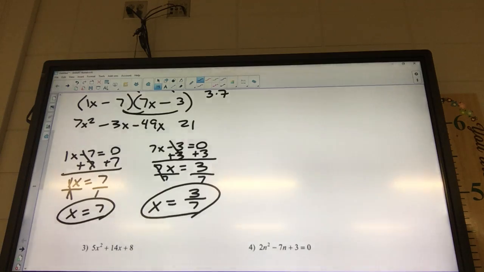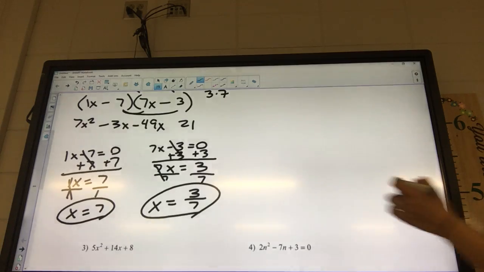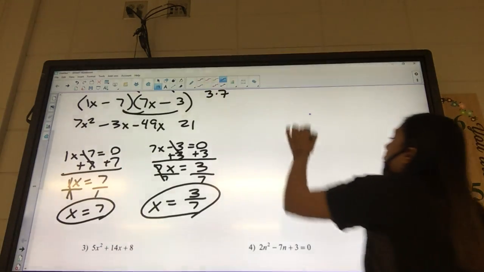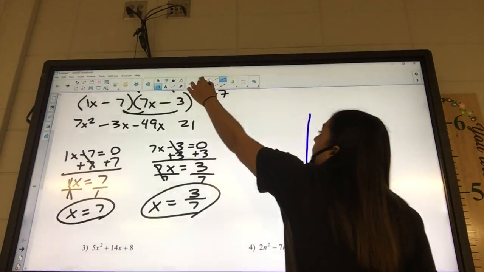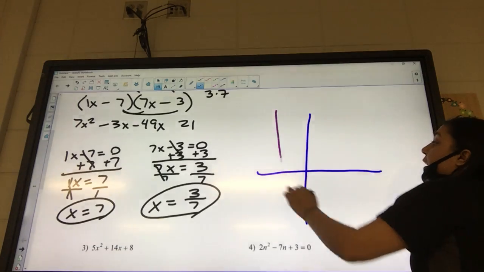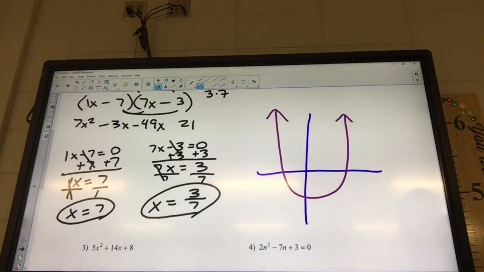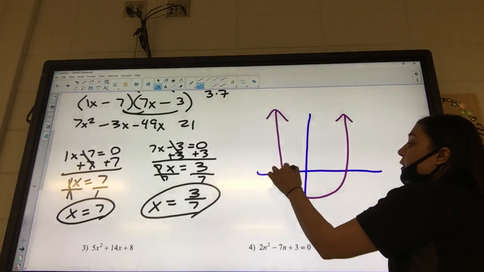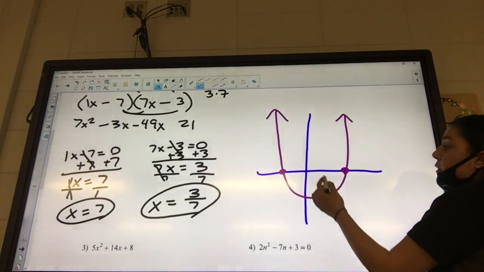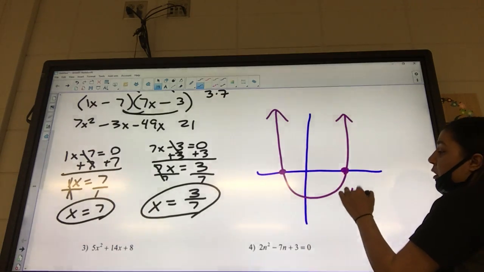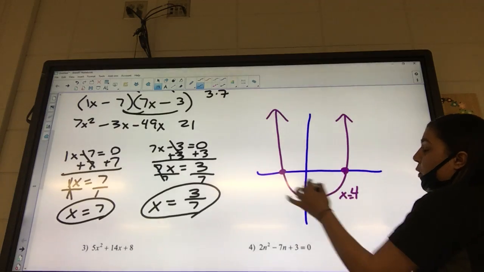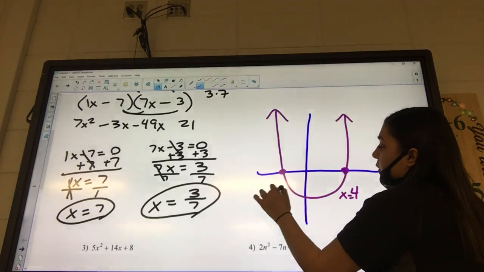What do those solutions mean? Okay, so here's what the solutions mean. If we have this graph, and we have a quadratic, remember quadratic is shaped like a U, those solutions mean that that's where it crosses. So in this case, maybe our solutions were x equals 4, and maybe x equals negative 3.